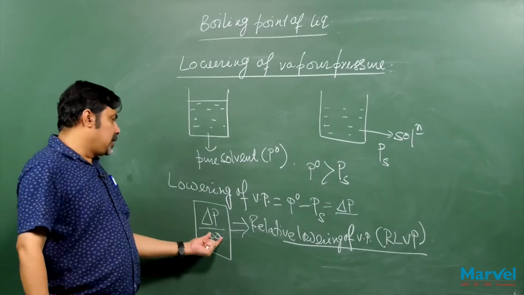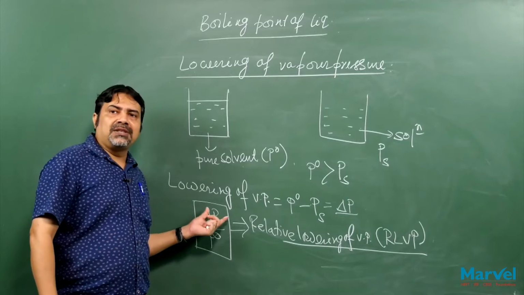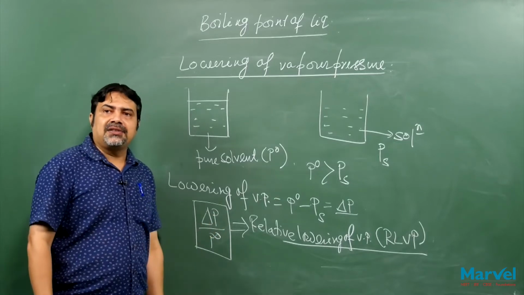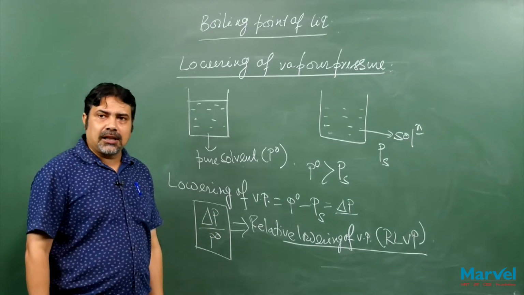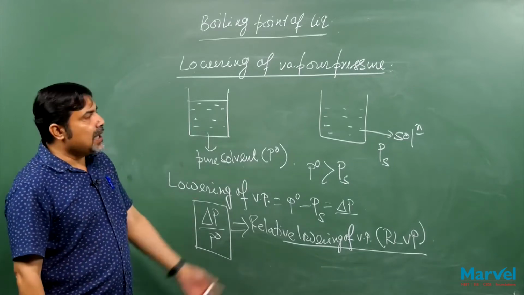So with respect to the pure solvent of water, how much lowering of vapor pressure is there, that ratio is called RLVP. Got the point, my dear student? So this is nothing but RLVP.